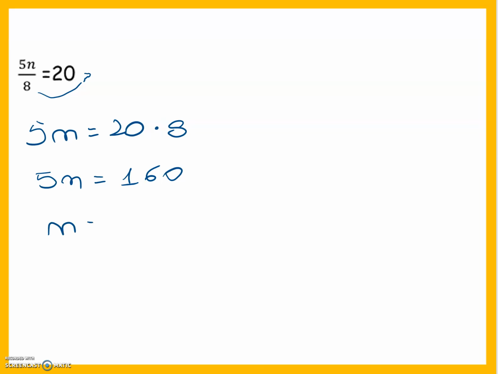So n equal to 160 divided by 5. N is equal to 32.